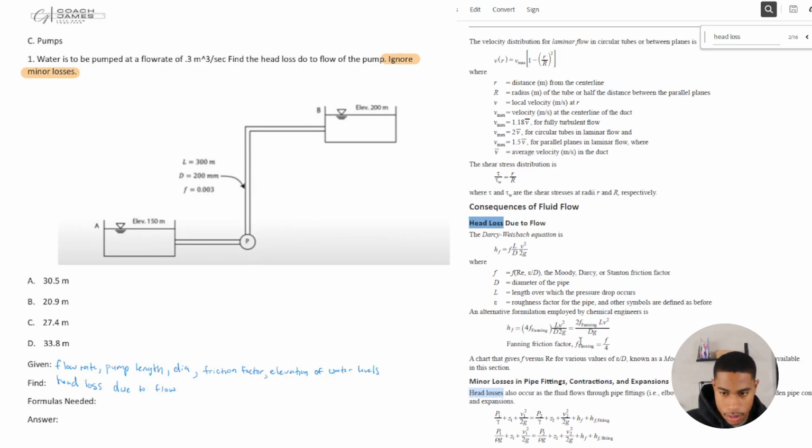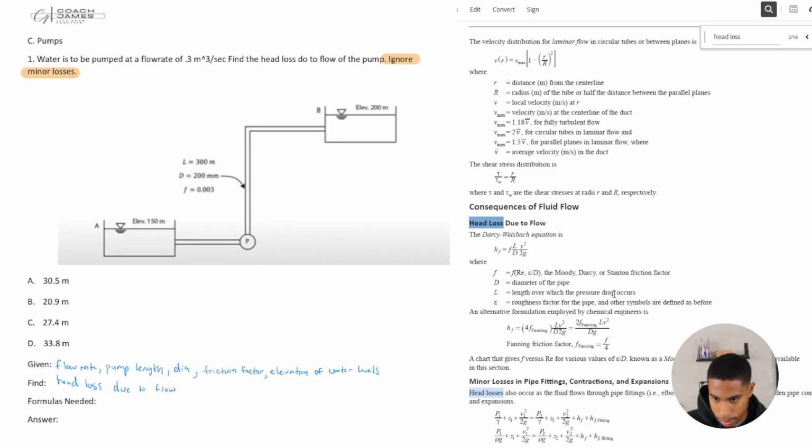Take a closer look, and we can see what information we're given. So HF is the head loss due to flow. What is F? F is the friction factor, which I believe I said. Okay. D is the diameter of the pipe. Got that. Do we have L?